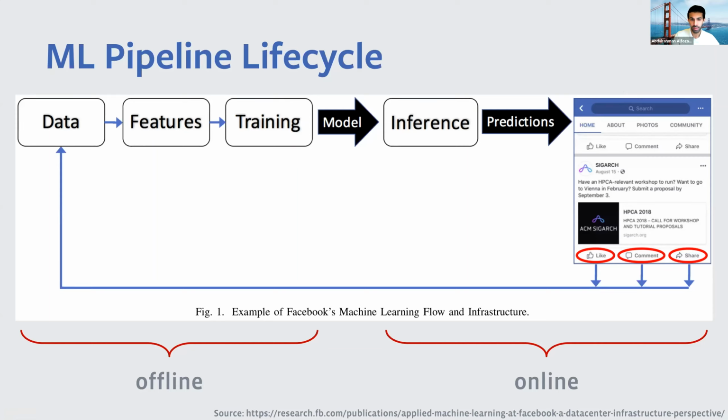Facebook injects ads in their Facebook application or Instagram, and as part of the feedback loop, they collect information about the engagement of these ads. By engagement, we're talking about a like or comment or share, or even just stopping the scroll and looking at the ad.